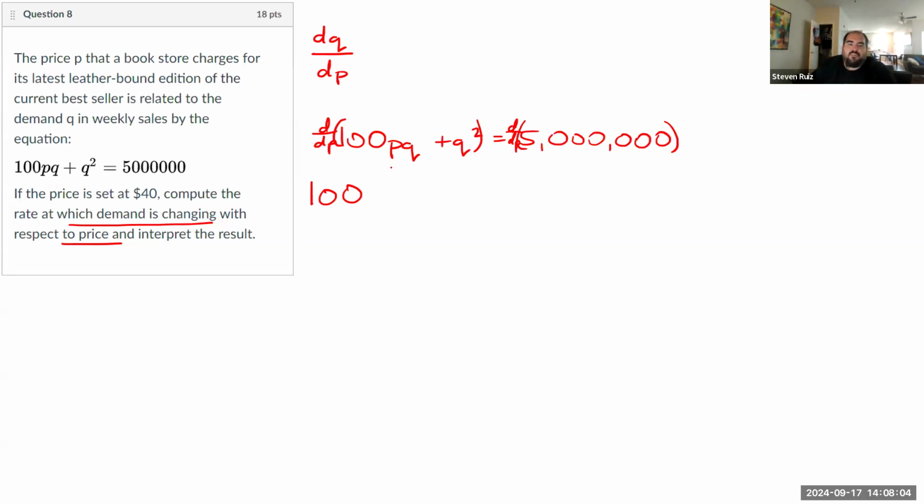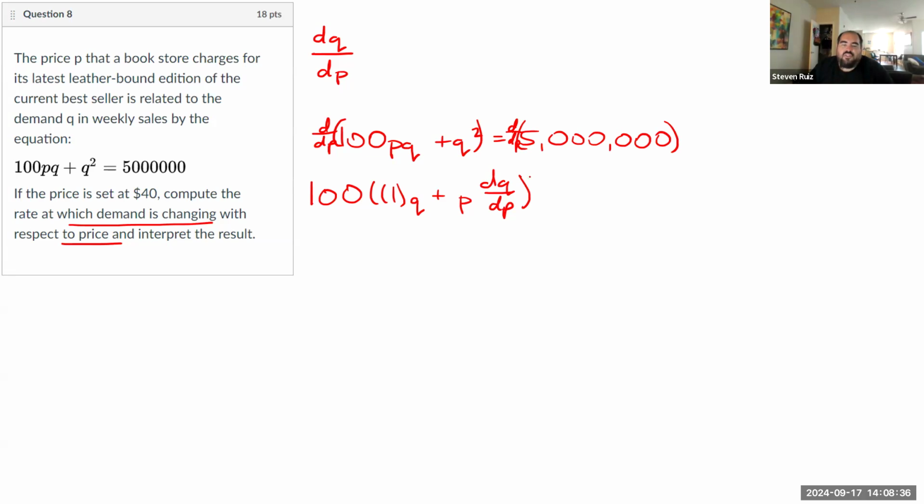And how does the product rule say we do that? So I do the derivative of the first function, which is 1, times the second function, as is, that's Q, plus the first function, which is P, times the derivative of the second function. So that's going to be dQ/dP.